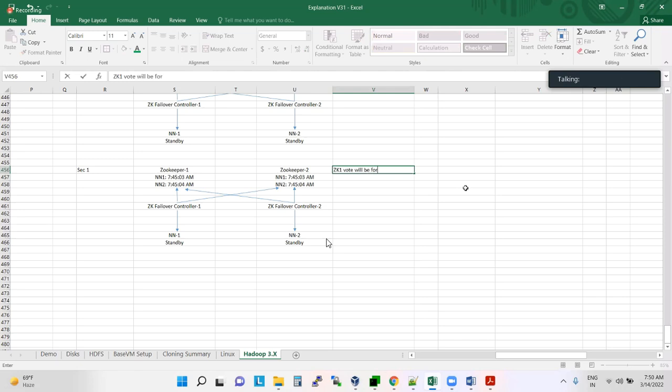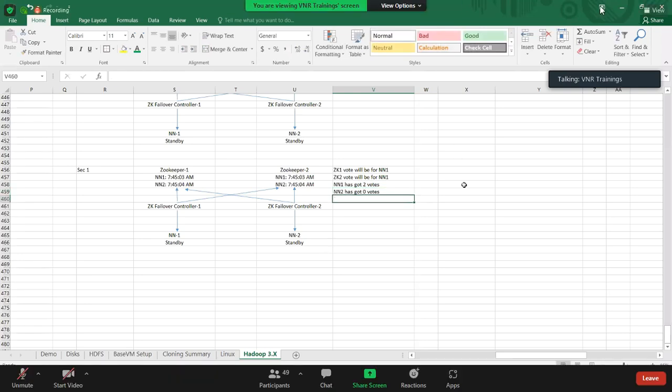Zookeeper 2 vote in this scenario is also name node 1 only. So name node 1 has got 2 votes, and name node 2 has got 0 votes.